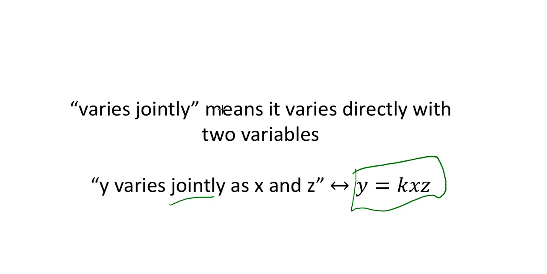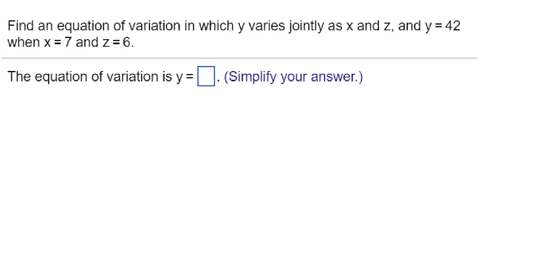So let's take a look at an example of varies jointly. Find an equation of variation. Now this one's not asking us a question. It just says find an equation, which means we're only going to level 2 on this problem. Find an equation of variation in which y varies jointly as x and z. So that's level 1. And in fact, for this one, we don't have to swap out variables.